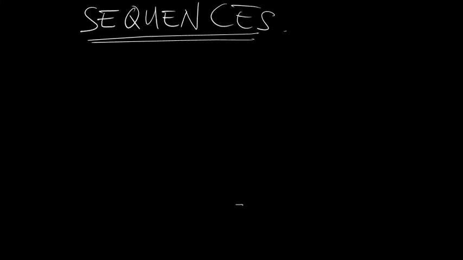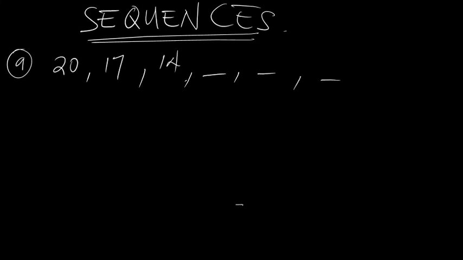This video is all about sequences. Now, a sequence is a list of numbers that has a pattern. Let me say, for example, example 1, you have 20, 17, and 14, and you're asked to find the next three terms.